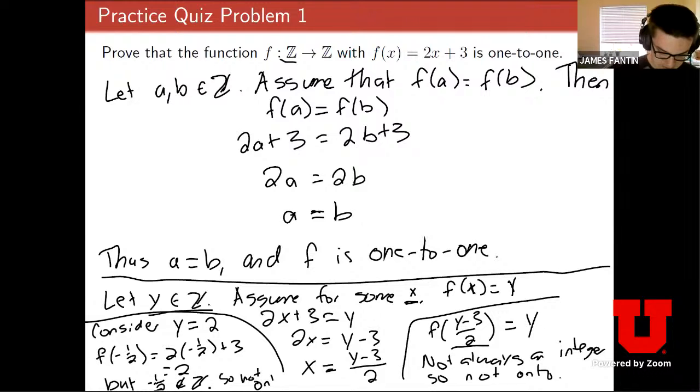If we wanted to prove this by just a counterexample, what I wrote there would be sufficient. We found some element in the codomain that is not mapped onto by an element in the domain. So any questions on that?